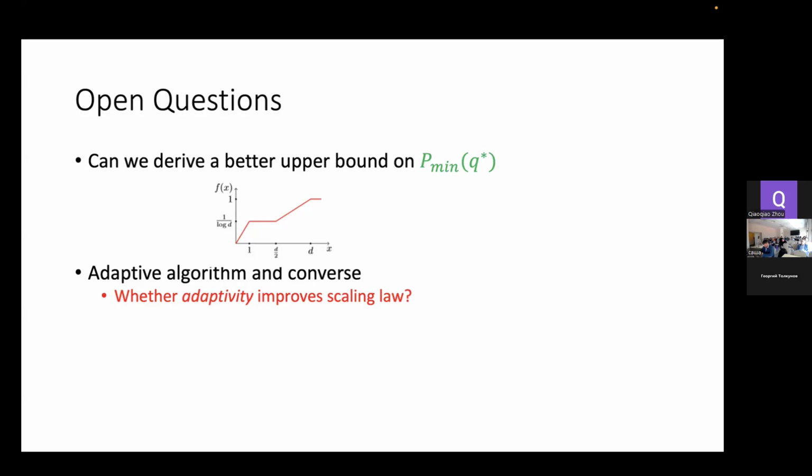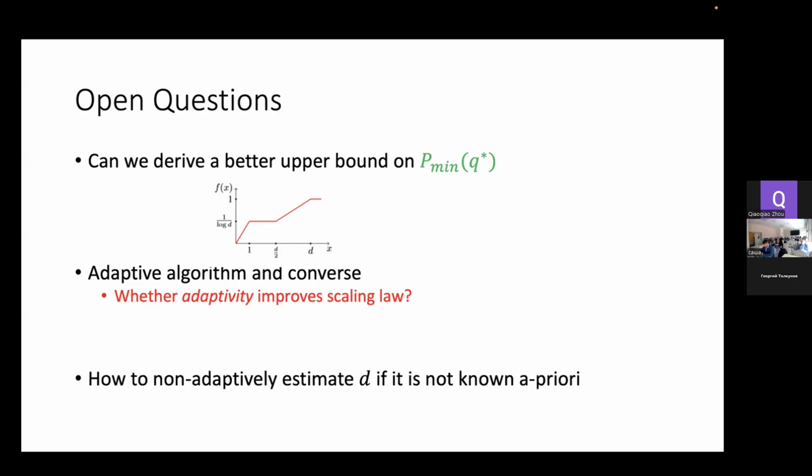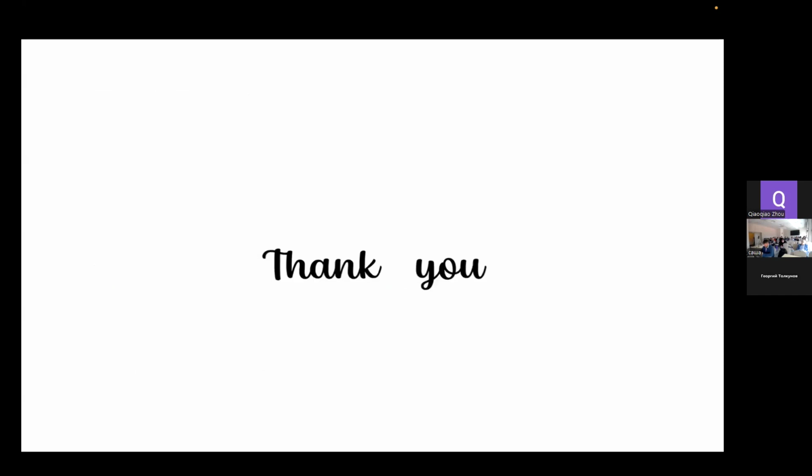We believe it shouldn't improve the scaling law as in the classical setting, but we still lack a proof. And finally, all of our non-adaptive testing schemes require precise prior knowledge of the number of defectives, but how to estimate it is also unknown. So that's all for my presentation. Feel free to ask me any questions.